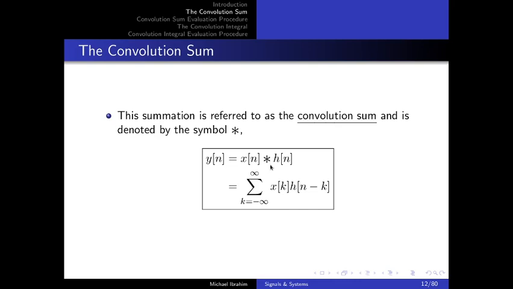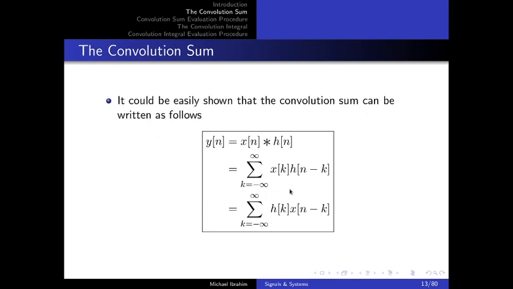Again, this symbol is not multiplication, it is convolution. And the convolution is defined by this summation from k equals minus infinity to plus infinity of x of k h of n minus k. If you take a look at this summation, n is the time and k is a dummy variable, because when you do the summation over k, k will disappear and the resulting function will be a function of n time, y of n.